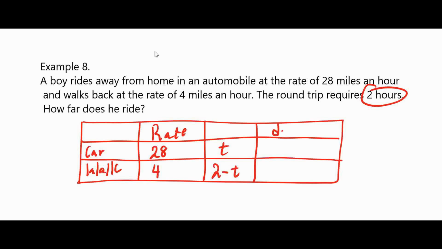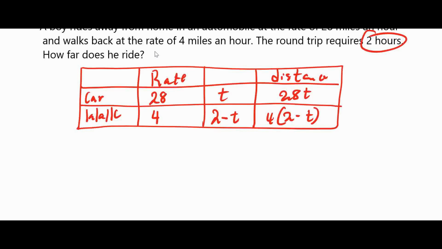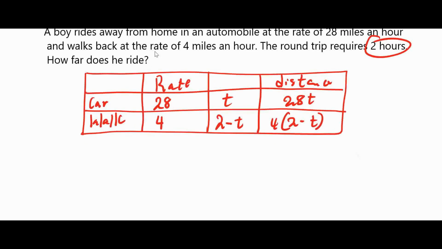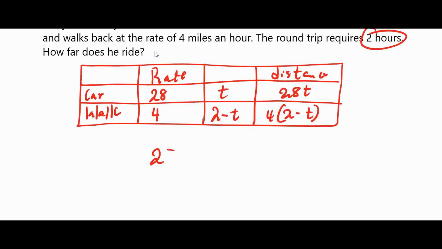So distance will be 28t, and 4 times (2 minus t). And since the distance traveled from home to wherever he went and going back home is the same, we can simply set 28t equal to 4 parentheses 2 minus t.